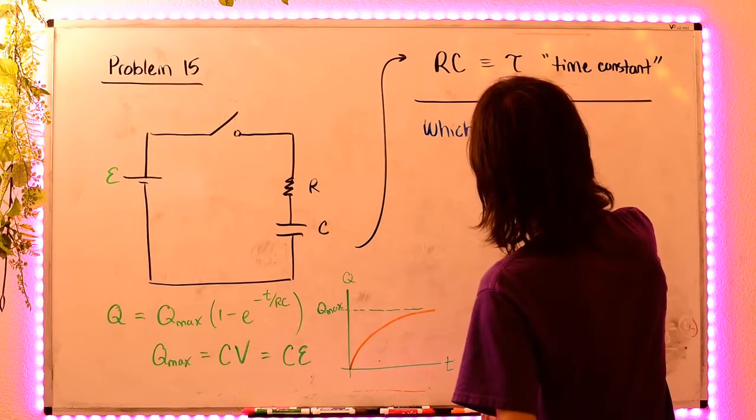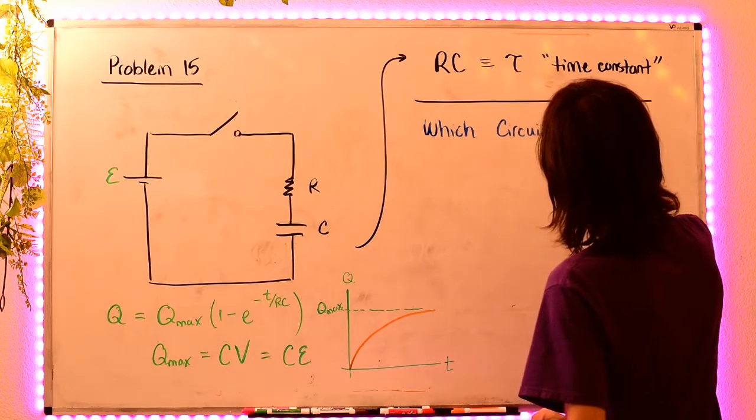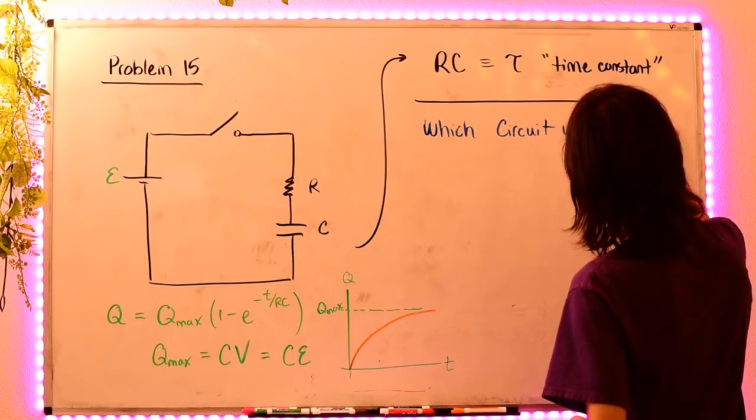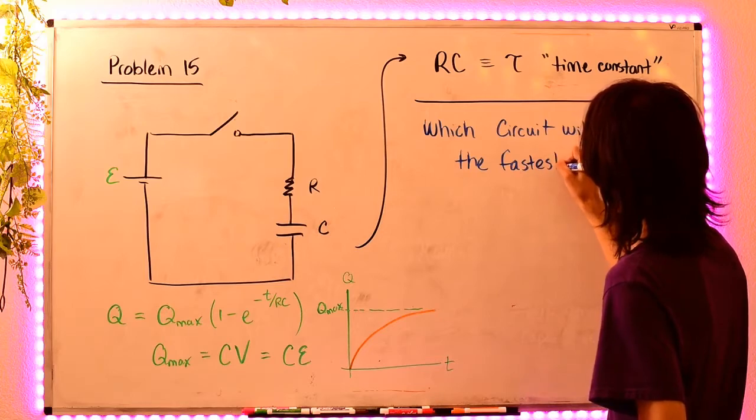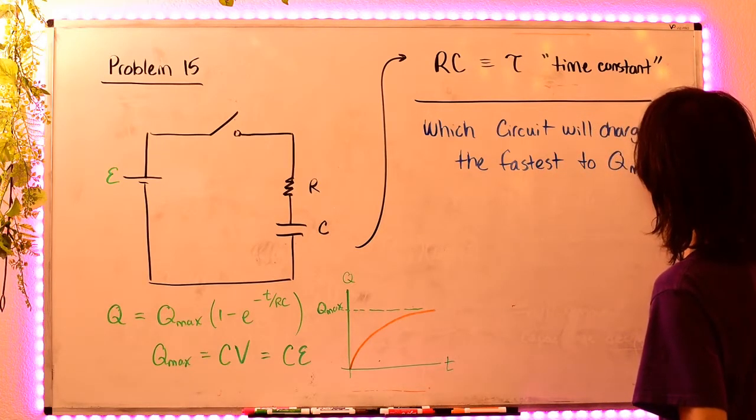So if I am going to ask the question, which circuit will charge the fastest to Qmax?